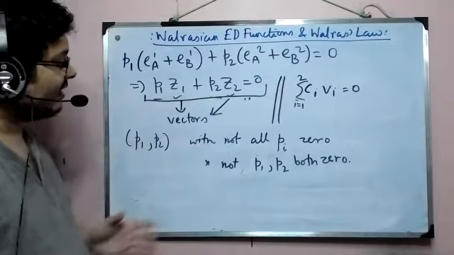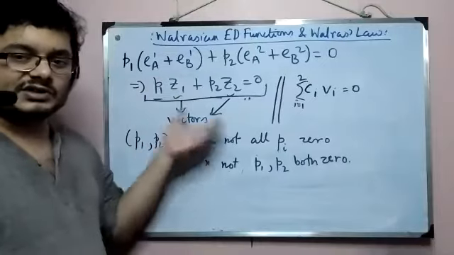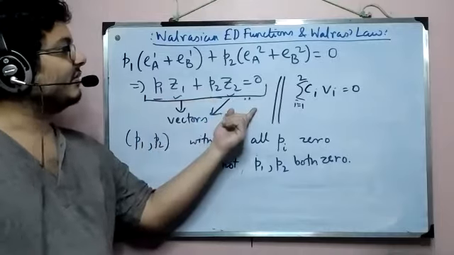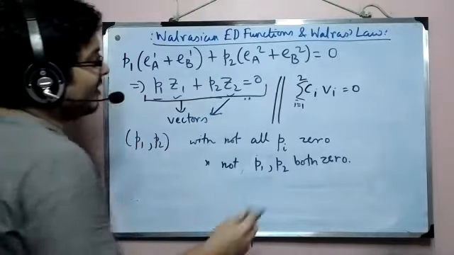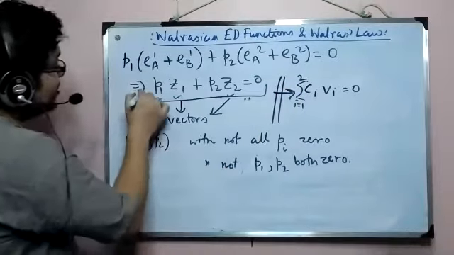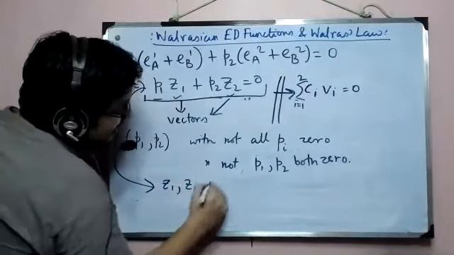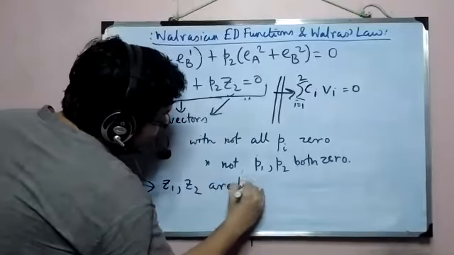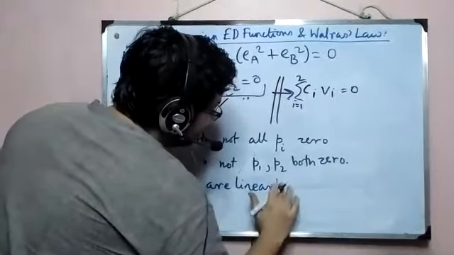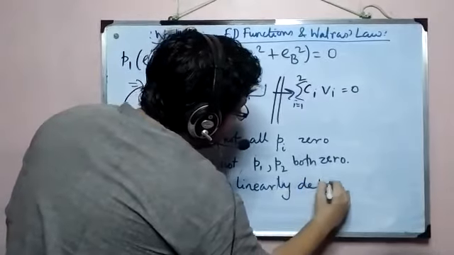As long as this equation holds for any set of prices, we can choose two positive prices and still have this sum equal to 0, which looks very similar to our linear combination of vectors. So Z1 and Z2 as vectors are linearly dependent, borrowing something we have learned earlier.